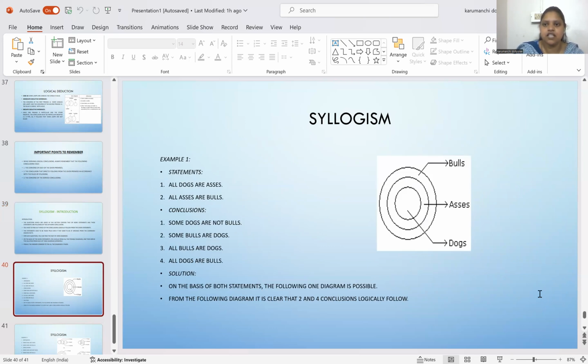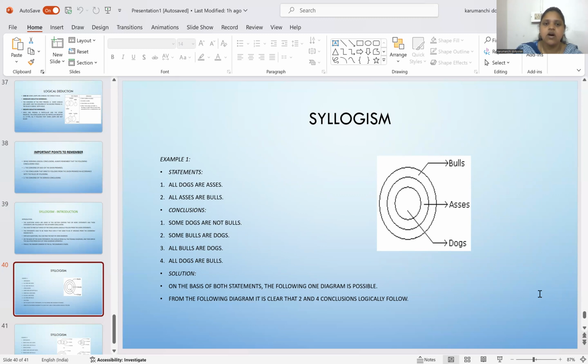So if we take an example of syllogism, the statements are: all dogs are asses, all asses are bulls. Four conclusions are given: some dogs are not bulls, some bulls are dogs, all bulls are dogs, all dogs are bulls.